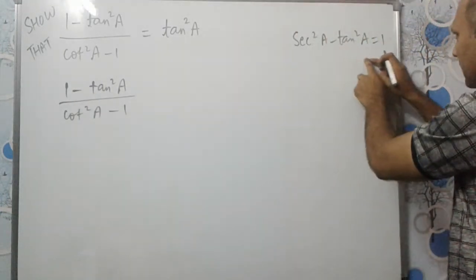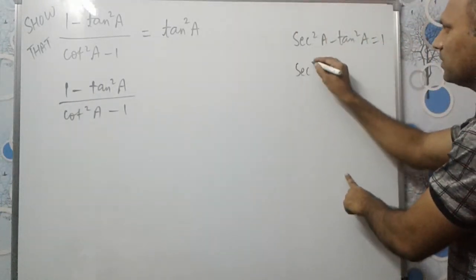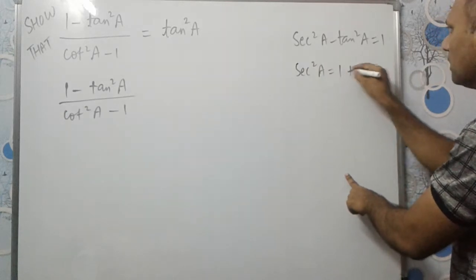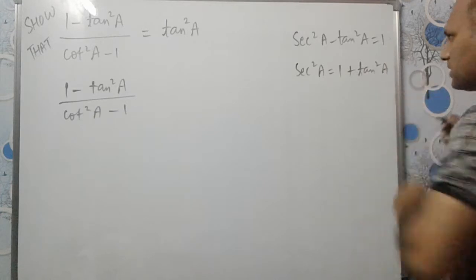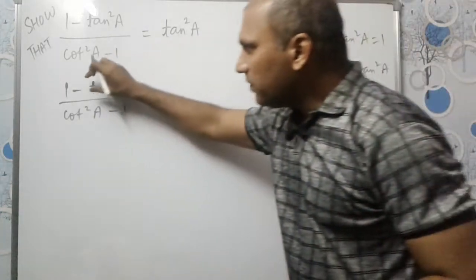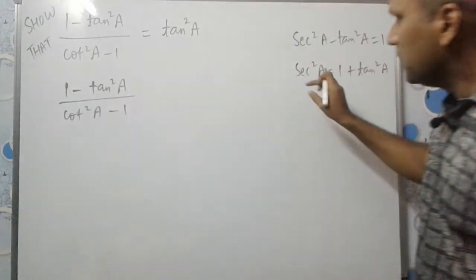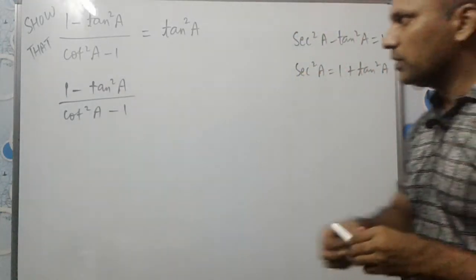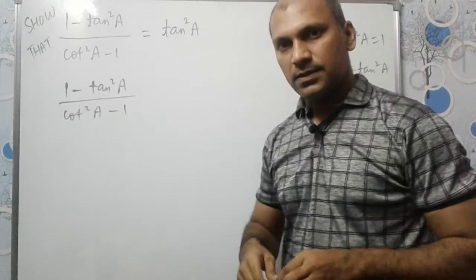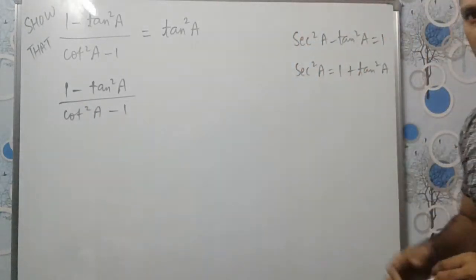So if you send tan on the other side, this will become secant square A is equal to 1 plus tan square A. See, this minus goes on the other side, becomes plus. If we had 1 plus tan square A, in place of it we can write secant square A. But we don't have 1 plus, we have 1 minus. So we cannot use this identity.